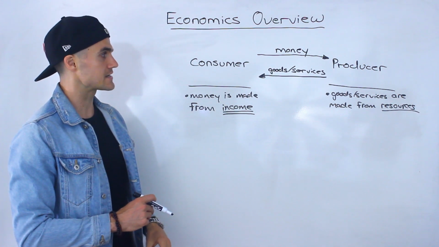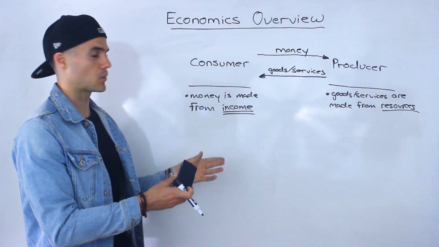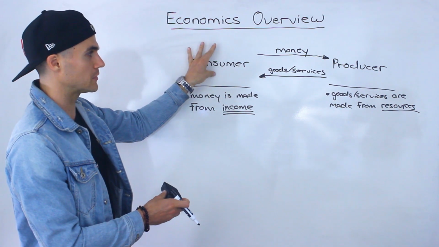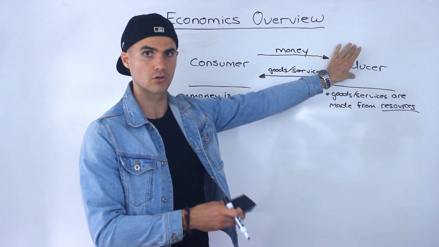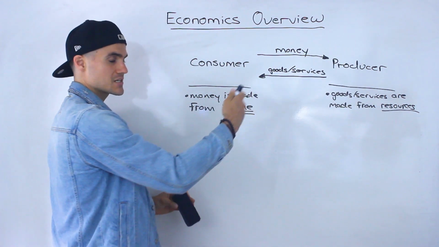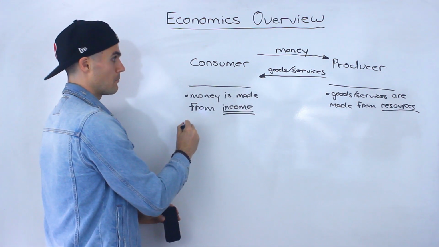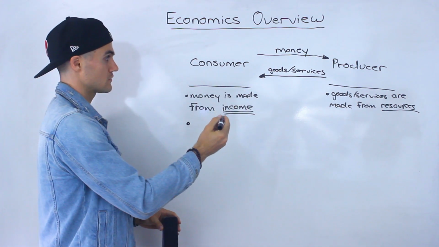Another good question to ask here is, why is this transaction happening? What is a consumer ultimately trying to get? What is a producer ultimately trying to get? So a consumer is getting a good or services, but let's dig in a little deeper. Why are they buying this good or service?